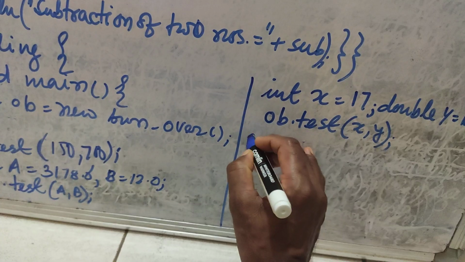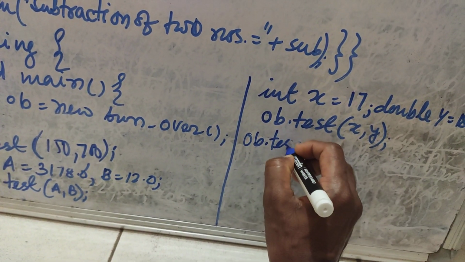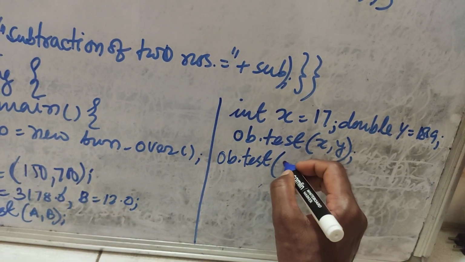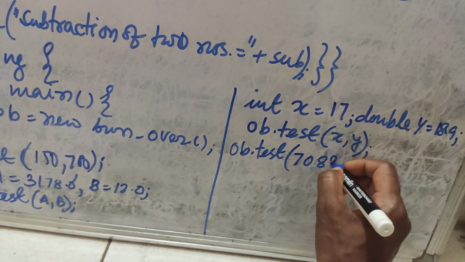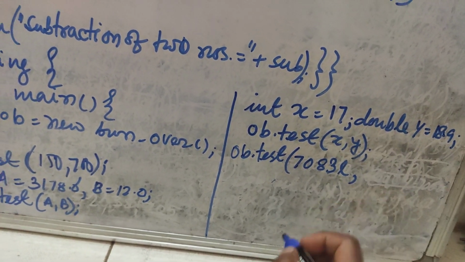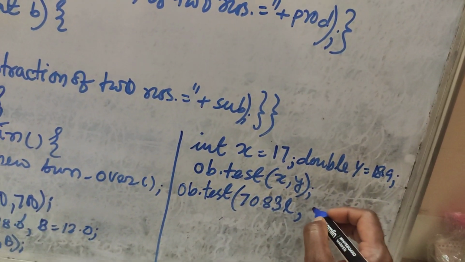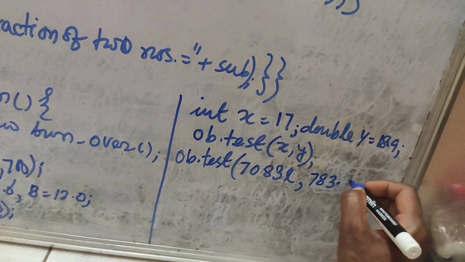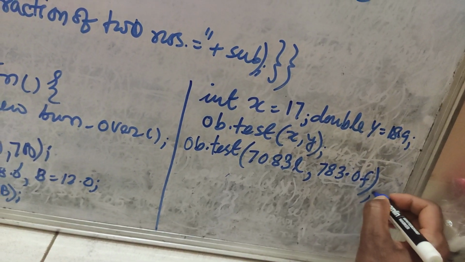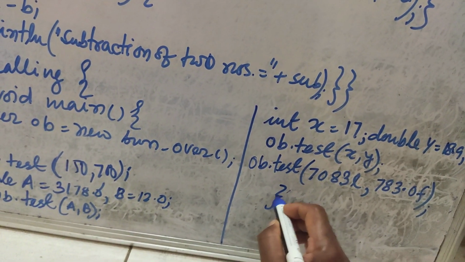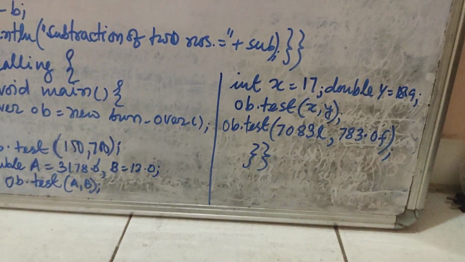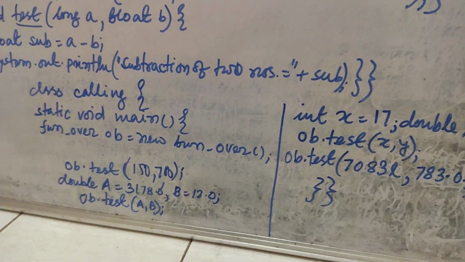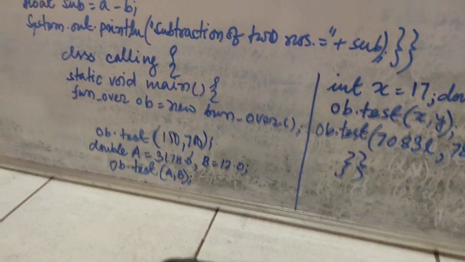You need to write ob dot test, long value, that means 7083 L, and for a float value 783.0 F. You need to give F. So this is also one process. That way also we can give the value. So when you call, this is also a process.